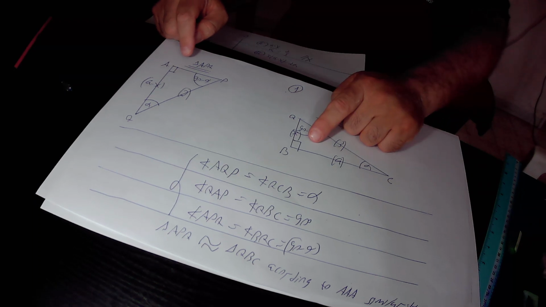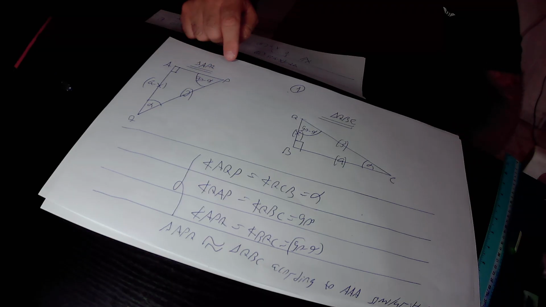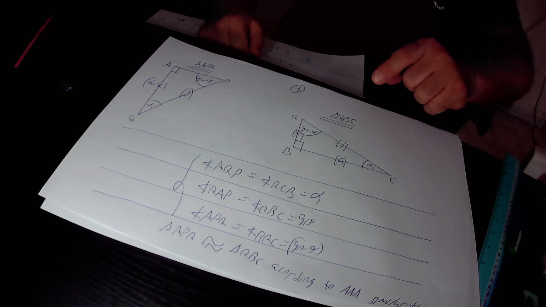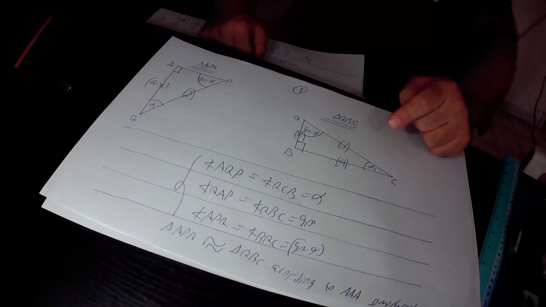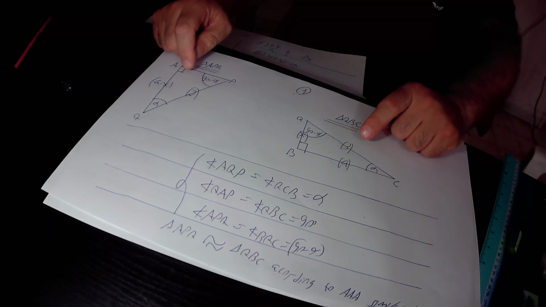In addition, those two angles are both equal to 90 degrees, and therefore they are equal to each other. And finally, those two angles are both equal to 90 degrees minus alpha, therefore they are equal to each other. So we have proved that all the angles of this right triangle APQ are correspondingly equal to all the angles of this right triangle QBC, and therefore those two right triangles are similar to each other according to the angle similarity rule.